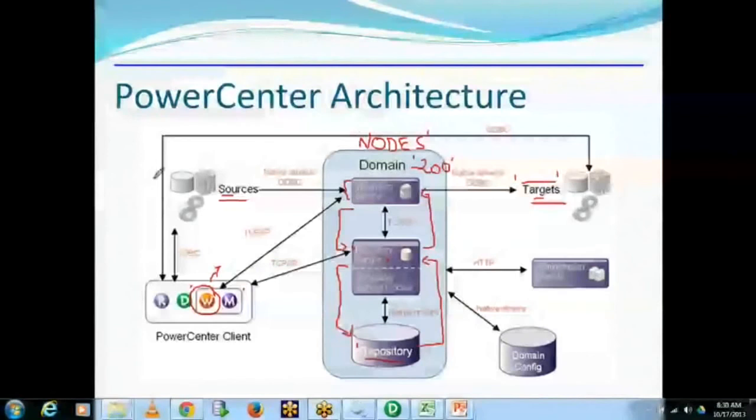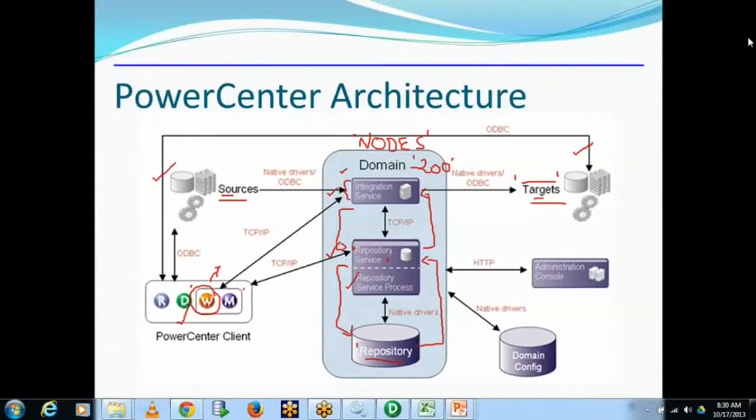What are these two? We spoke about the sources, targets, the client tools which are used, the domain, integration service, repository service. Now the repository service process is the one which relates this repository service to the repository and then back to it.